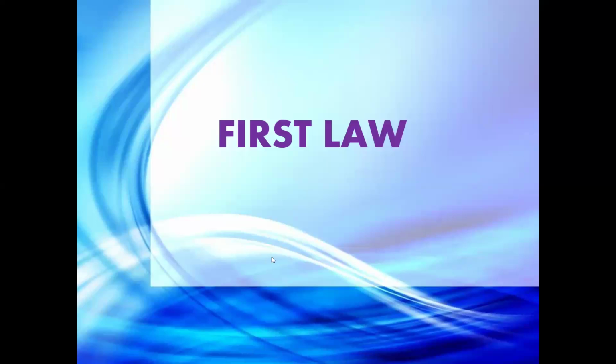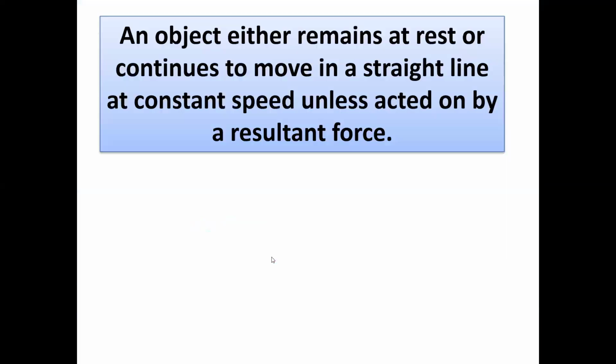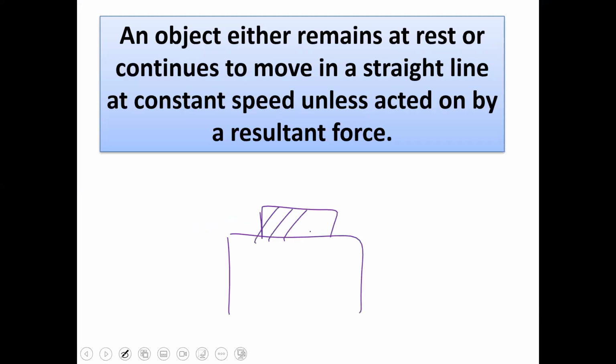Newton's first law. Now, I remind you the O-level concept. Newton's first law says that if something is at rest, it will remain at rest. So if I have a book lying on a table, the book is not going anywhere until I push it.